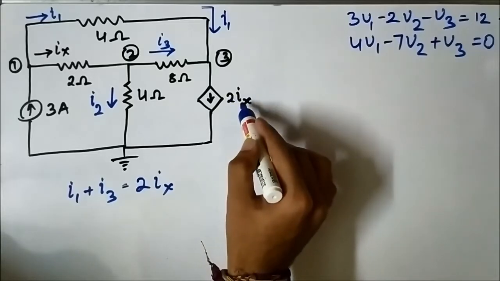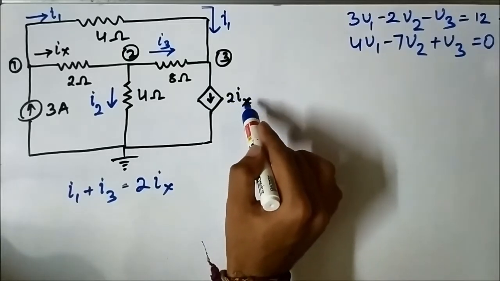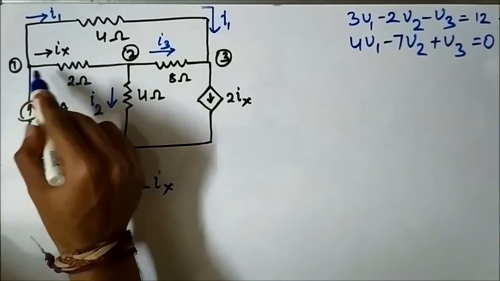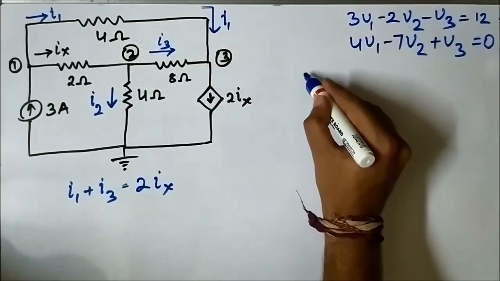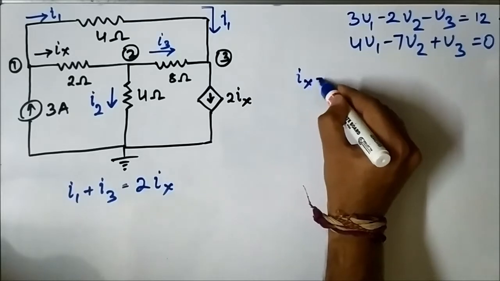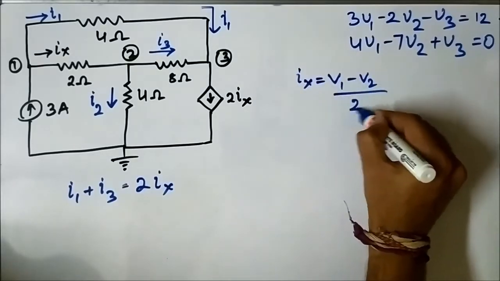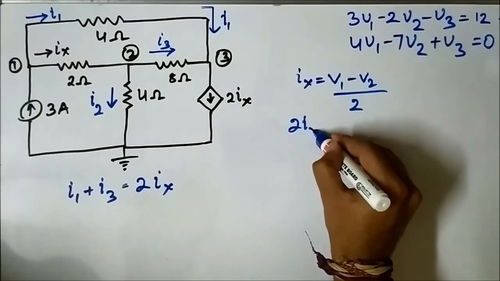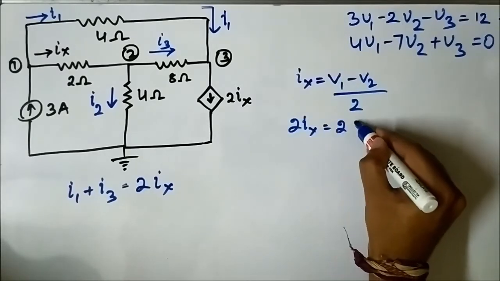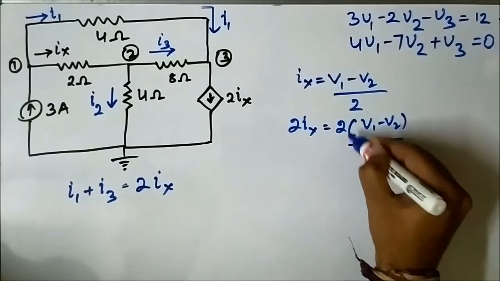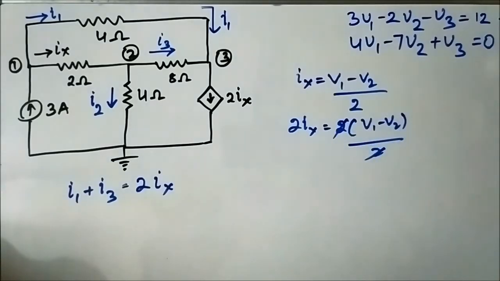Now remember 2Ix is the dependent current source. So Ix, the parameter on which it is dependent, is derived from here. Ix is V1 minus V2 by 2. So 2Ix will be 2 times V1 minus V2 by 2. So simply it is V1 minus V2, because 2 and 2 got cancelled.